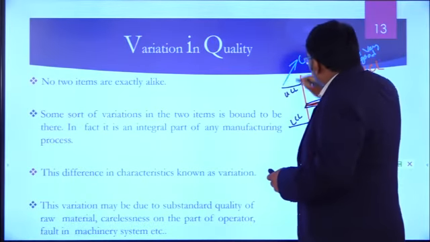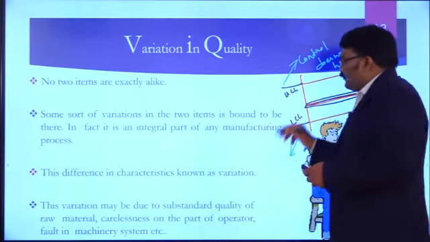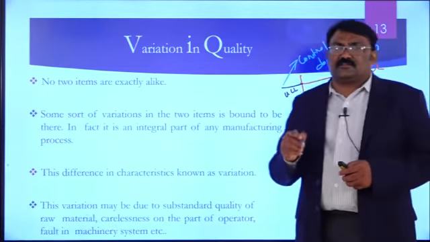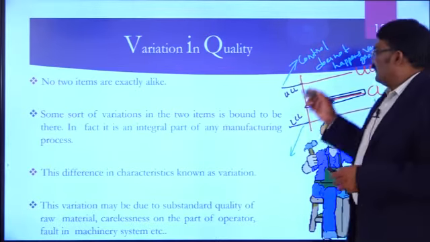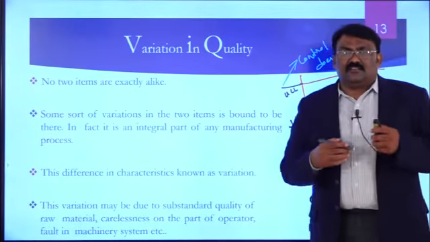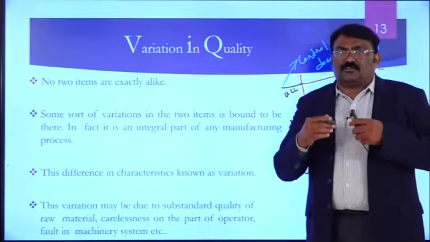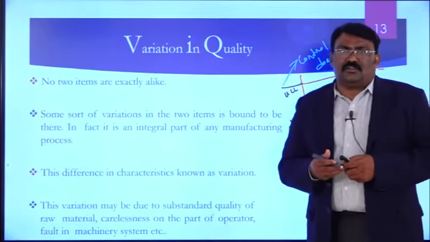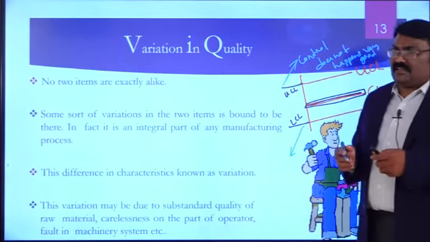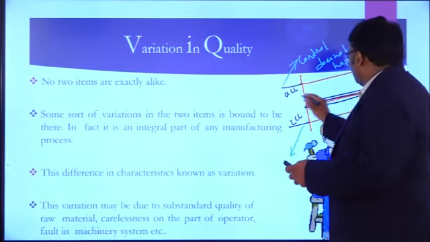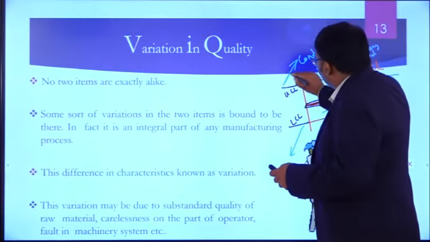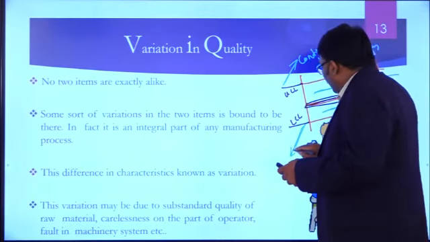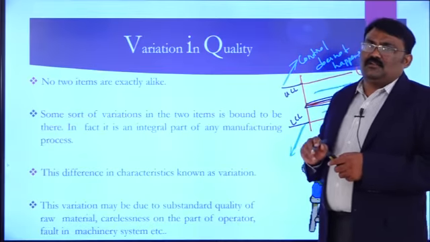So, if the product reflects quality above that level or below that level, then we are away from the control limits. For example, this is the production which has been happening continuously. We can say that the process is not in control when the product is away from the upper control limit or below the lower control limit.